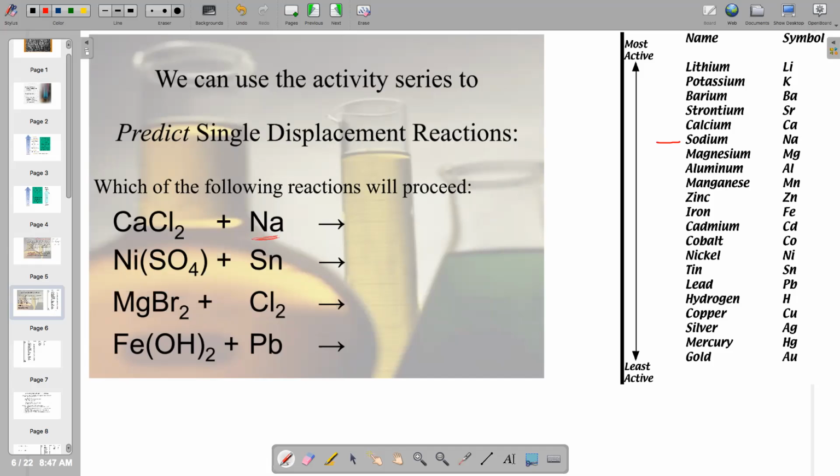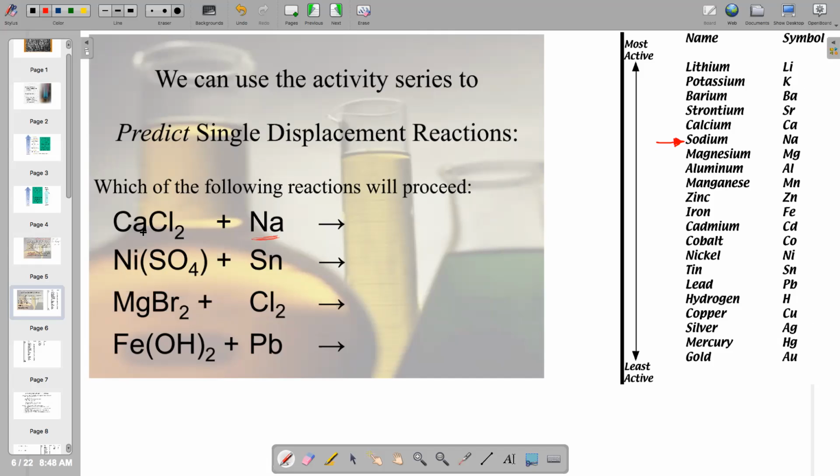Sodium is right here. And what sodium would replace is calcium. You can know that a couple of different ways. First off, calcium is on the chart, but chlorine is not. There's no chlorine on this activity series. So if sodium is going to replace something, it's going to be the calcium.